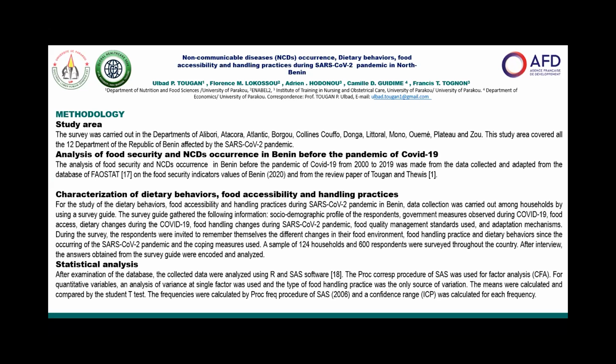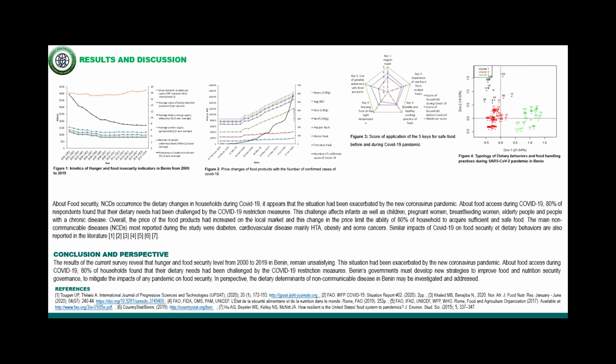About the results, it appeared that regarding food security, the non-communicable disease occurrence, and the dietary change in households during the SARS-CoV-2 pandemic, the situation has been exacerbated by the new coronavirus pandemic.